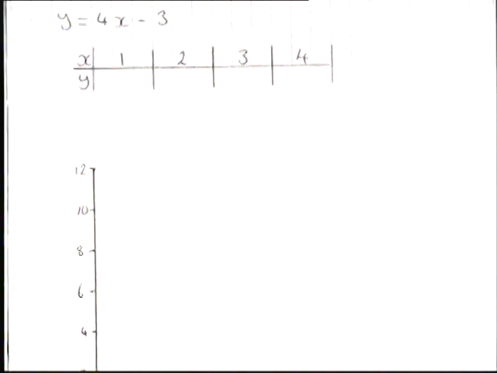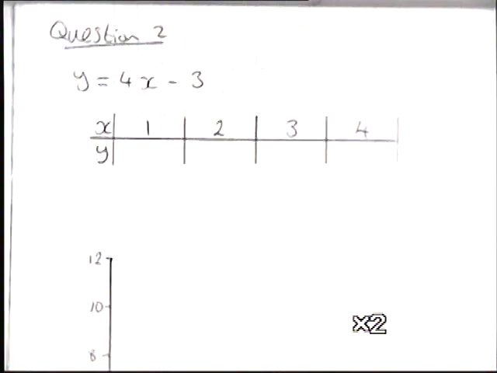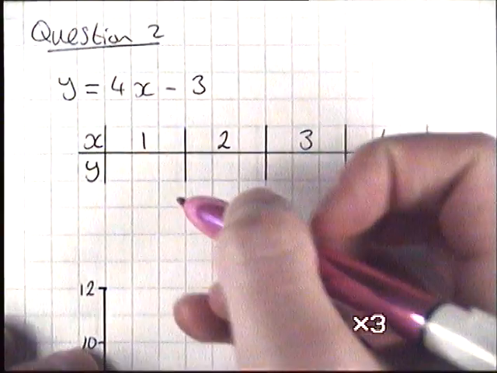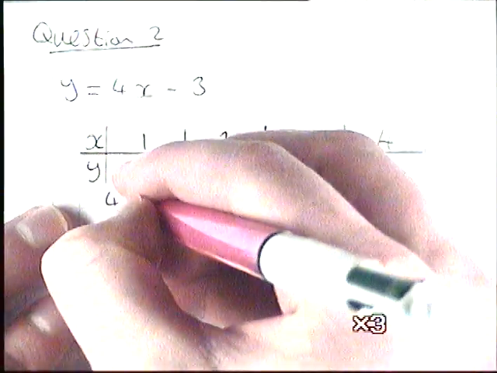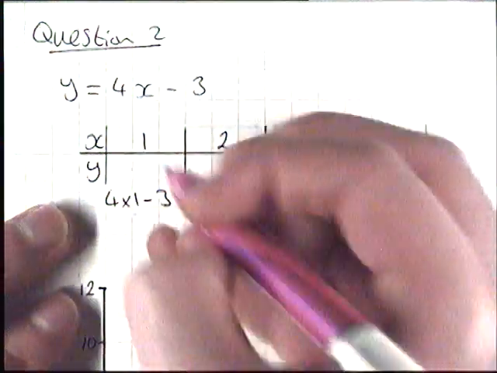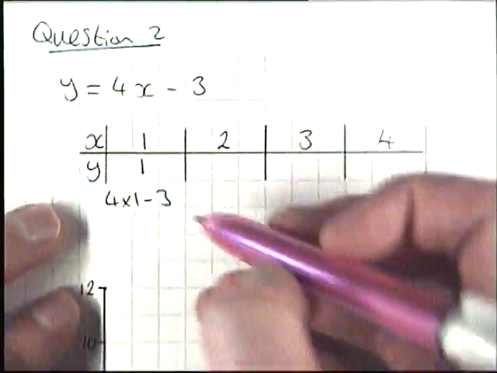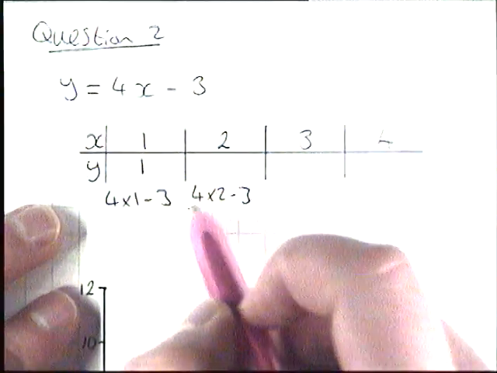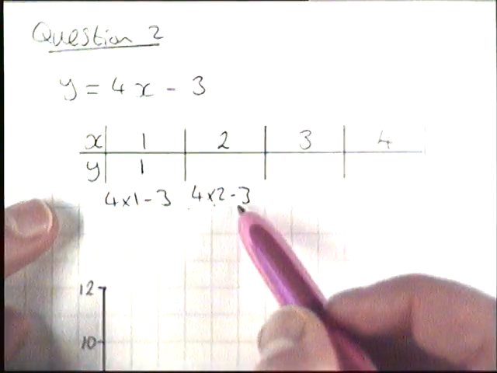Okay, question 2. So we'll start with our table and substitute into our equation. So we've got 4 times 1 minus 3. 4 times 1 is 4. Take away 3 is 1. 4 times 2 minus 3. 4 times 2 is 8.